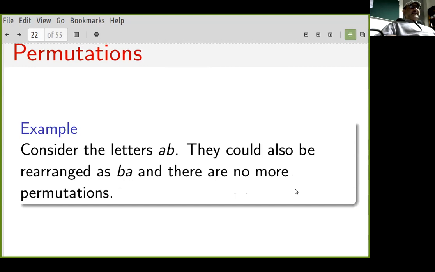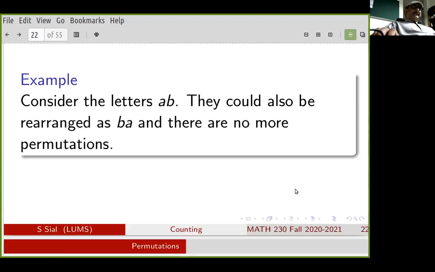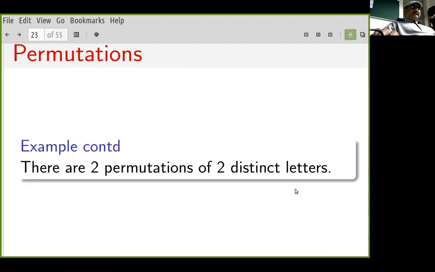So we say that there are 2 permutations of the letters AB written as one word. In this case, the word is a nonsense word, but we'll call it a word. So there are 2 permutations of 2 distinct letters written together.